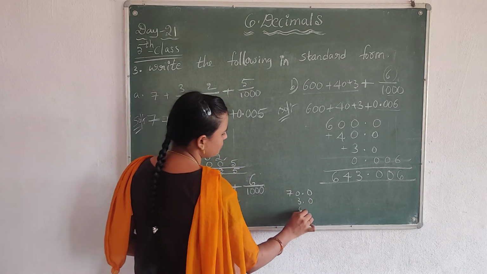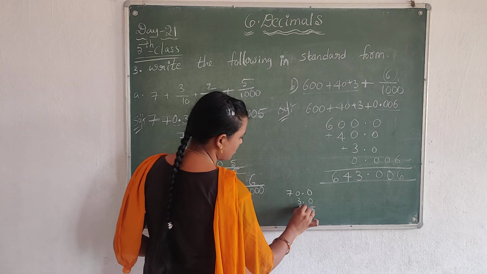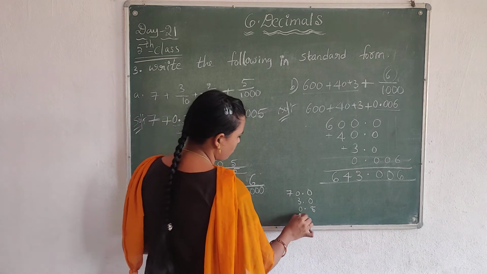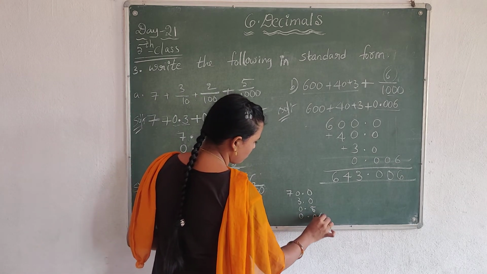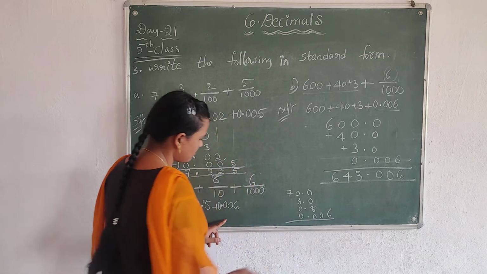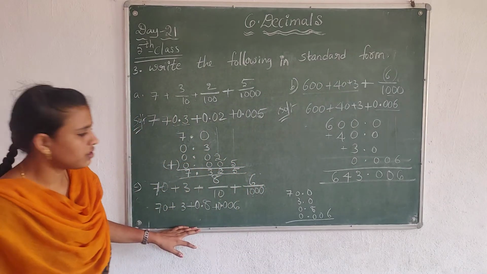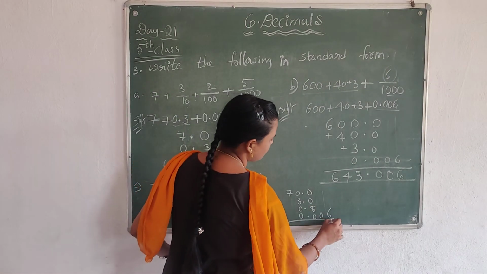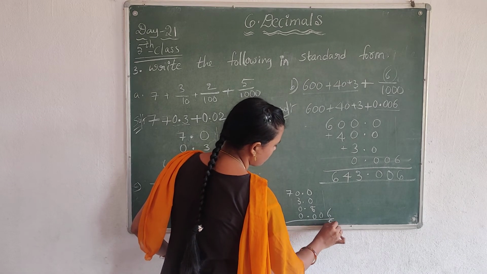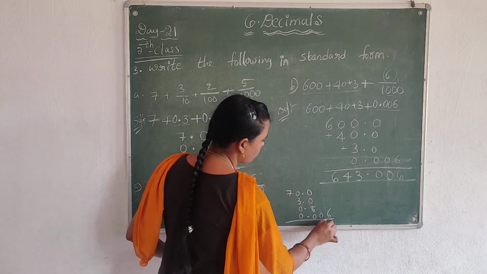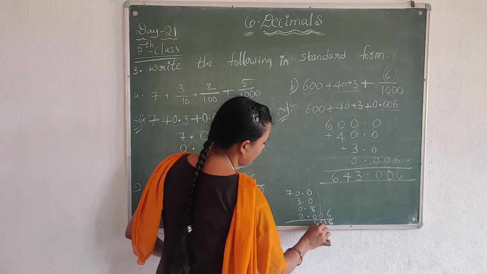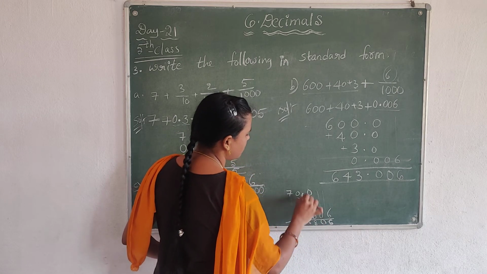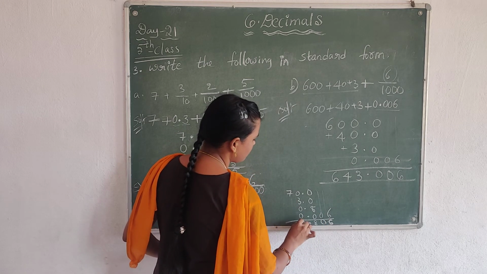Okay, is it clear? Let's add it. 70.03.0 here. 0.8 next. 0.006. Understood? Let's see. 6 here, 0 here. 8.37.